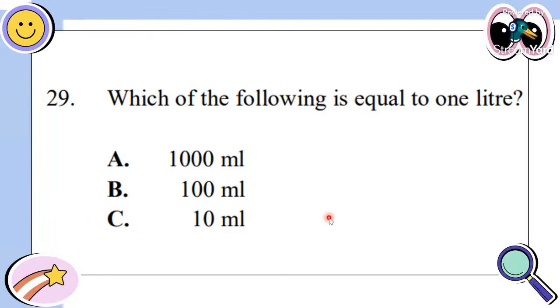If you pour 4 of those little 250 milliliter bottles into that 1 liter, 250 milliliter times 4 would be 1,000 milliliter. That would give us 1 liter.